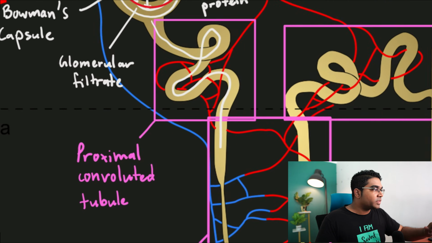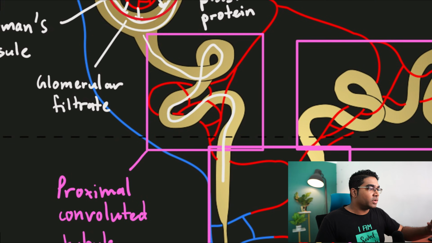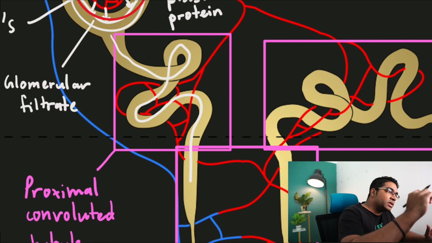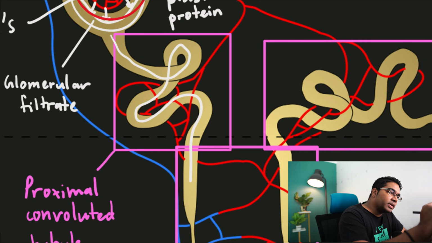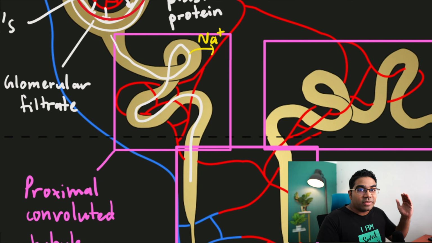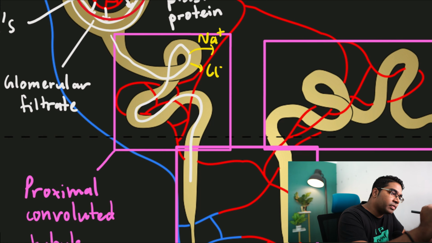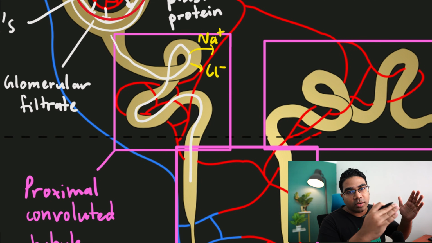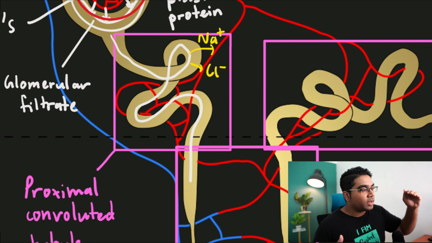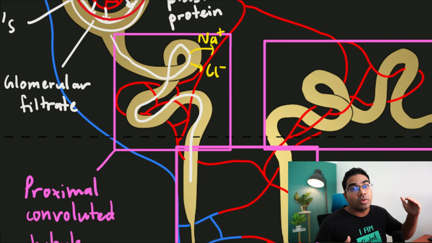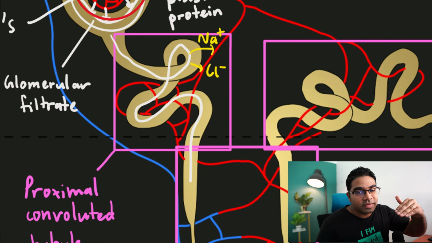First, let's look at the reabsorption in the proximal convoluted tubule. Here what happens is sodium ions go back to the blood by active transport. As sodium is being reabsorbed, at the same time, chloride ions will follow. So we have a reabsorption of sodium ions by active transport, and chloride ions follow passively through passive diffusion.